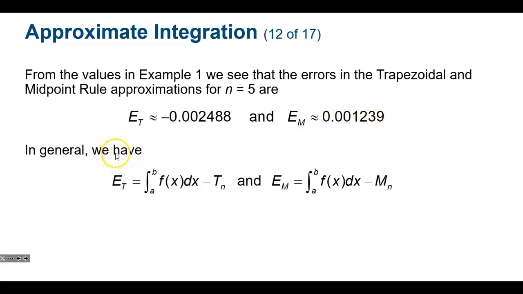So in general, we have the following. The error of the trapezoidal rule is the integral from a to b of that function minus T subscript n. And the error for the midpoint rule is equal to the integral from a to b of that function minus M subscript n.